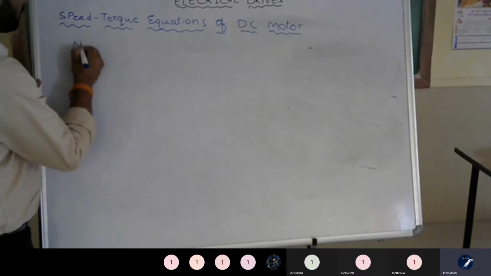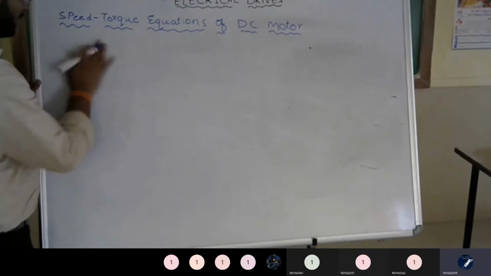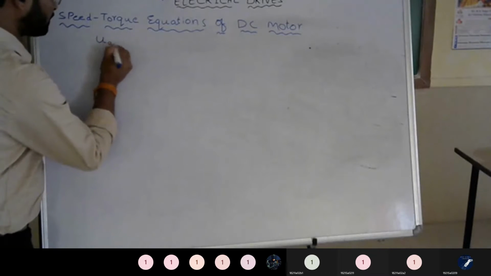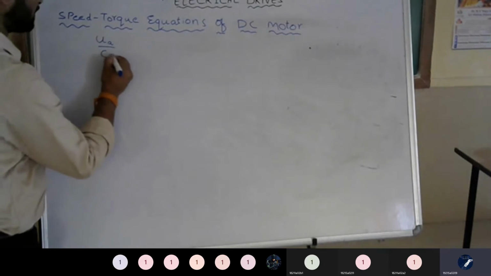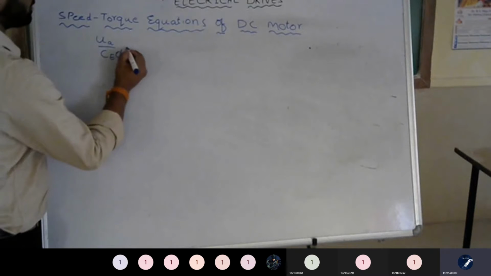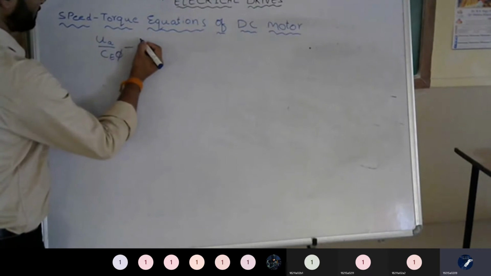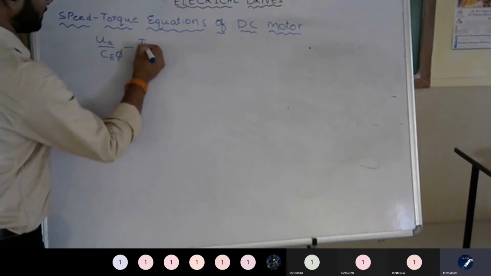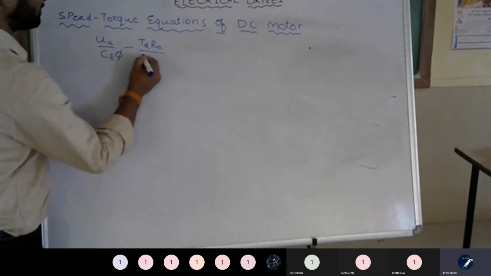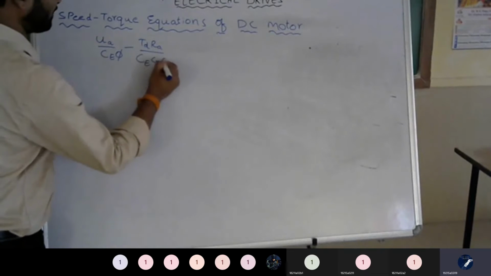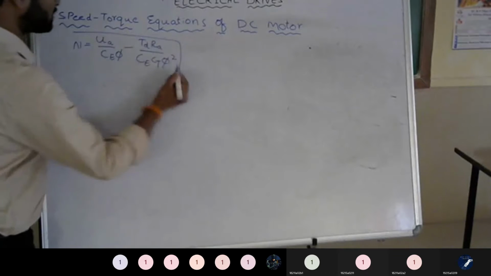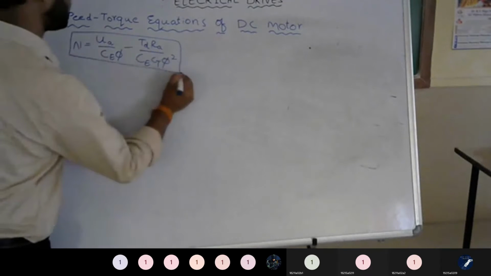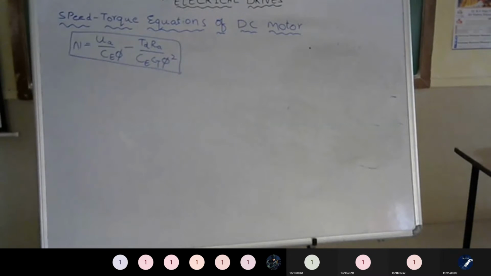Yes, sir. Okay, see, CE5 minus TDRA by CE CT5 square. What is this equation? This is the speed torque equation.